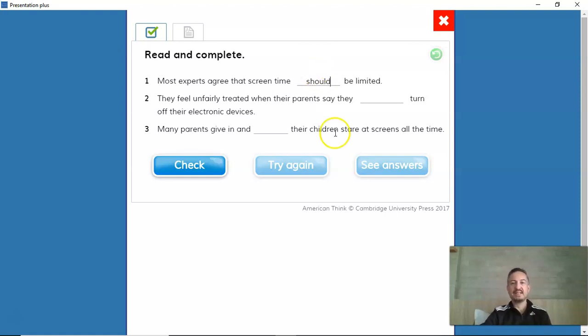They feel unfairly treated when parents say they have to turn off their electronic devices. And number 3, many parents give in and let their children stare at screens all the time. So should be limited, have to turn, and let.